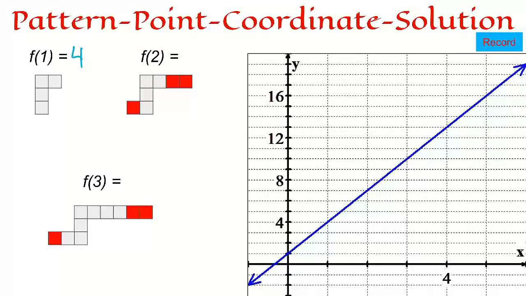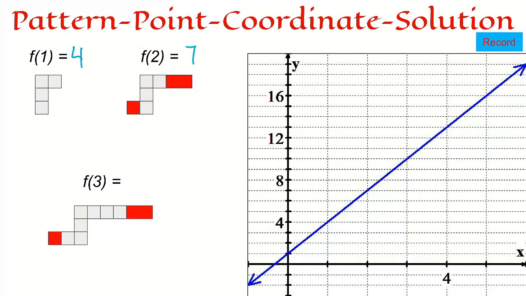And why are these ones red in figure 2? Yeah, Elisha. We've added them, yeah. So we can see that there are 3 more there. That's a total of 7.